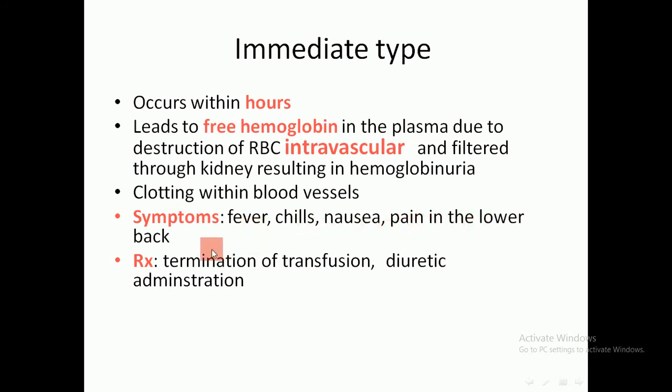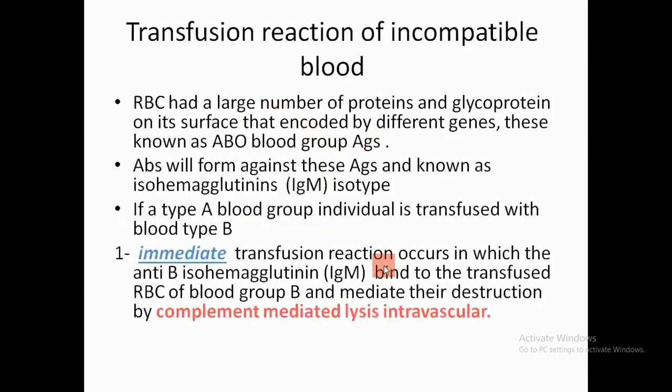Symptoms: the patient complains of fever, chills, nausea, pain in the lower back due to involvement of the kidney. And treatment: first, termination of the blood transfusion immediately, and giving the patient a diuretic to get rid of the free hemoglobin in the blood.